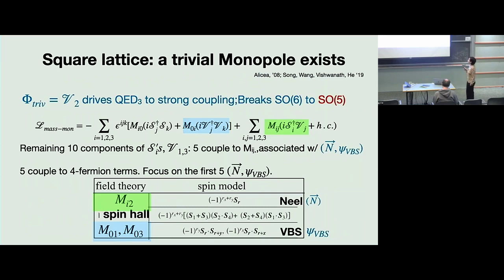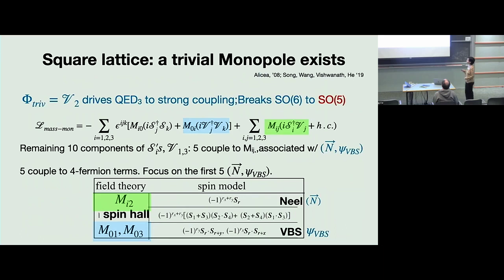So these 5 terms are picked out, which effectively describe the coupling between the fermion bilinear and some other 5 monopoles. So this means that a particular 5 fermion bilinears is symmetry equivalent to the 5 uncondensed monopoles. And crucially, they just describe the ordered phase of Néel and VBS.